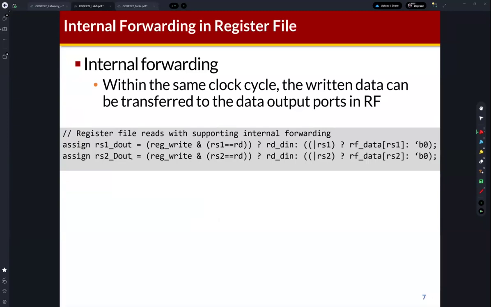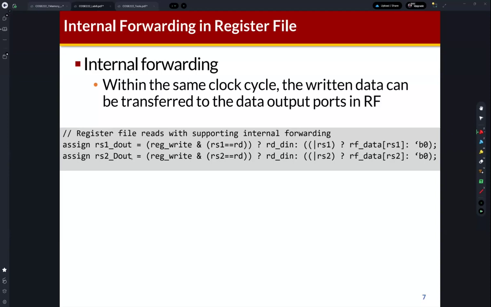Also, when you learned about data forwarding, we assume that internal forwarding is supported by the register file, right? So what is internal forwarding? If new data is being written back to the register file, this new data can be forwarded to the output port of the register file.